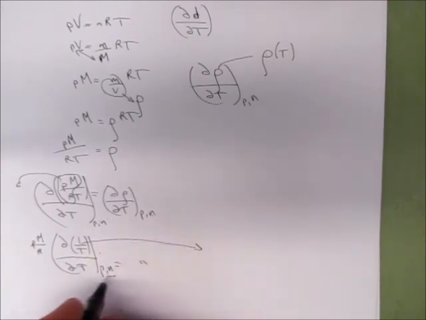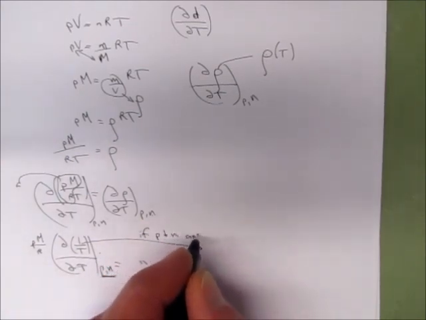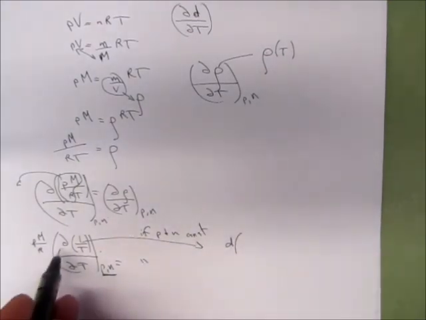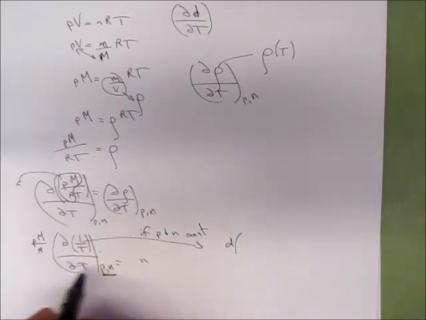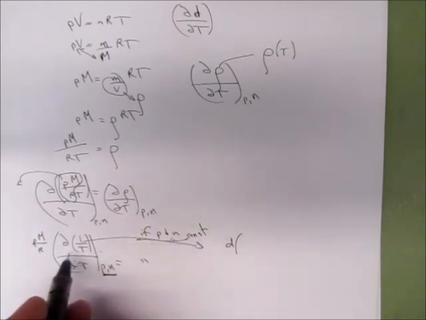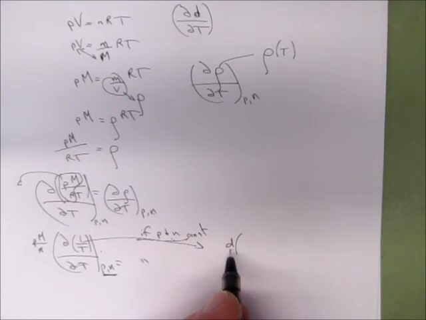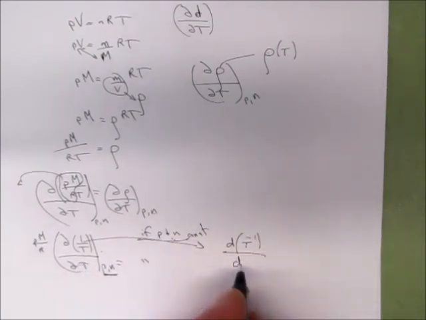If you write in words that P and N are constant, then the full derivative would turn into the normal D derivative notation. This is partial, but if you state what is the case for your process, the partial collapses to this because you're stating that the full-blown actual derivative, D, can be used. And T to the negative 1, I'm just rewriting that 1 over T, that'd be dT.